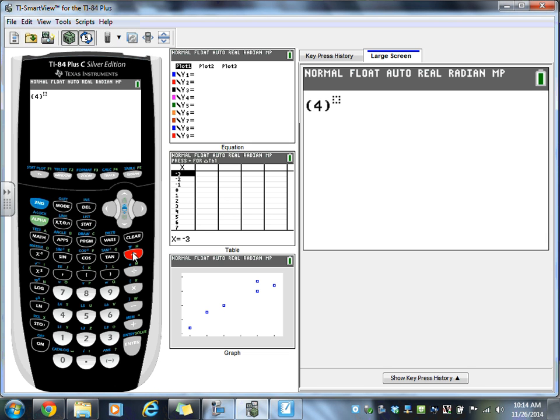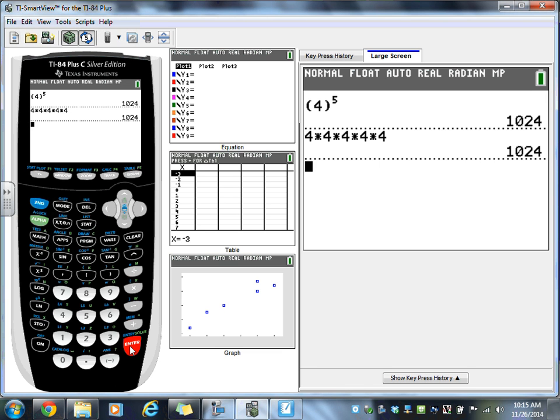On the TI-84s, it actually moves the cursor up into the exponent position. On a TI-83, TI-86, it actually puts the caret in there. So on my calculator, I'm going to put to the 5th power. I'm going to hit enter, and it's going to give me 1024. And you'll see if I multiply a 4 5 times, we'll get the same answer.